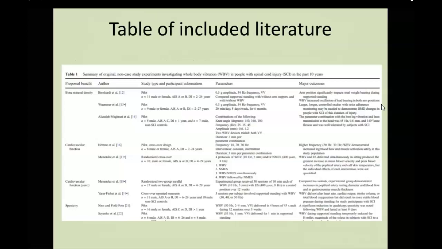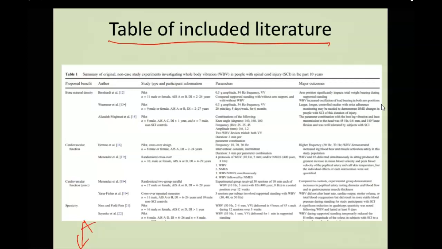And then I mentioned this earlier in the slide on rhetorical moves for review articles, that often you'll find a table of included literature, and Kara here included a table, summary of original non-case study experiments investigating whole body vibration in people with spinal cord injury in the past 10 years. And it's actually a much longer table, so I've taken out, I couldn't fit it in one screenshot, just to give you an idea what it might look like.